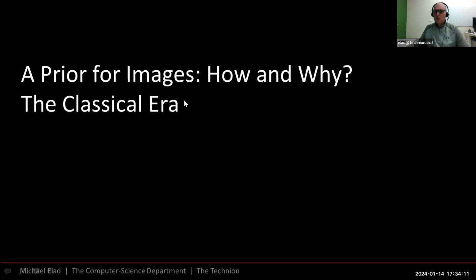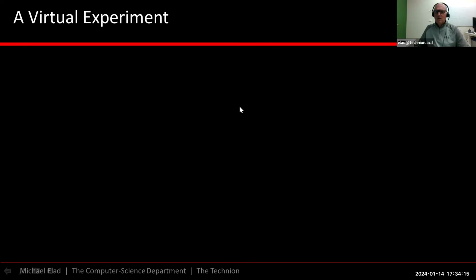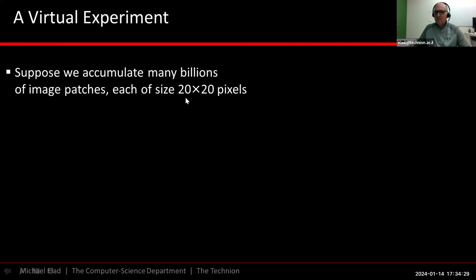So let's talk about the importance of priors in image processing. And I'm going to start with a virtual experiment. Imagine that I have a data set of many natural images, and I'm breaking them down to patches of size 20 by 20.